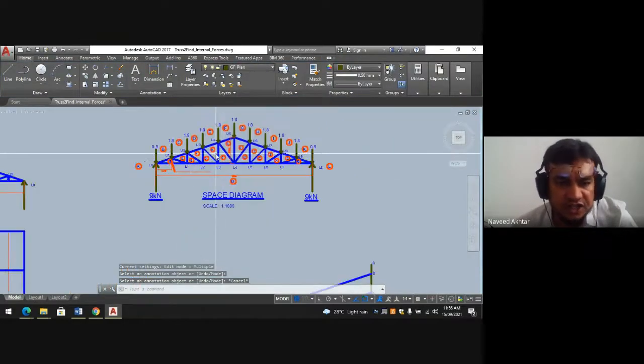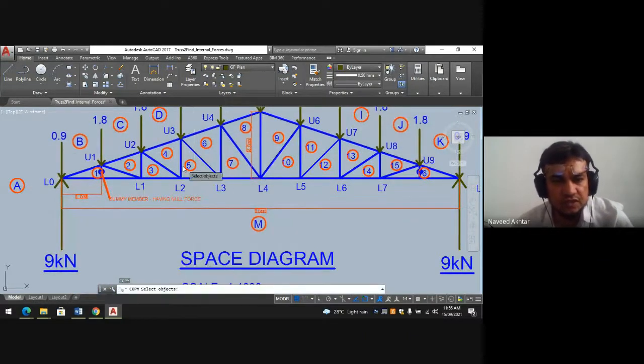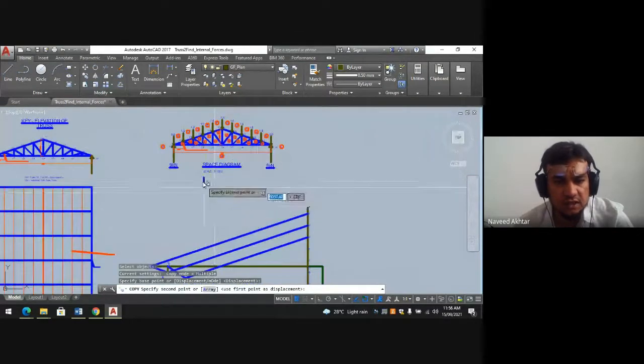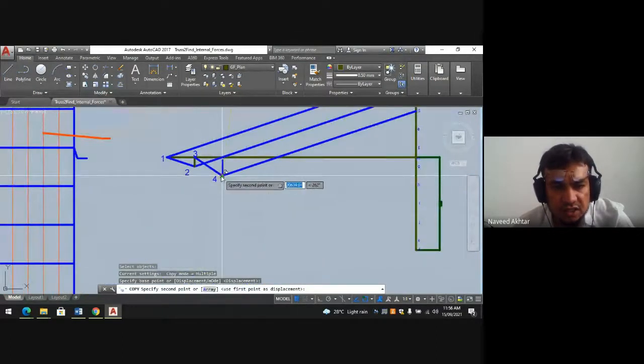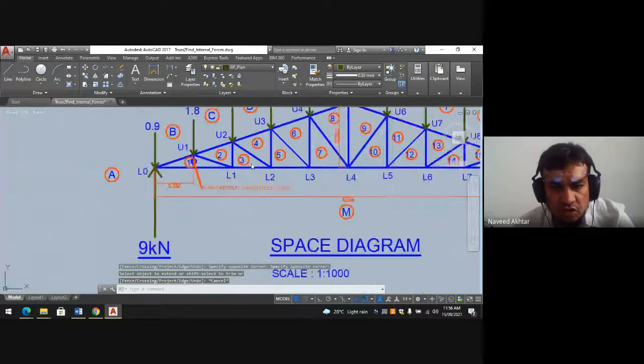Now again you can see the 4 to 5 vertical line. Copy this. Because we have to draw the parallel, we will take this and draw parallel to this 4 to 5, and 5 also meets at M. 5 to M is horizontal line.